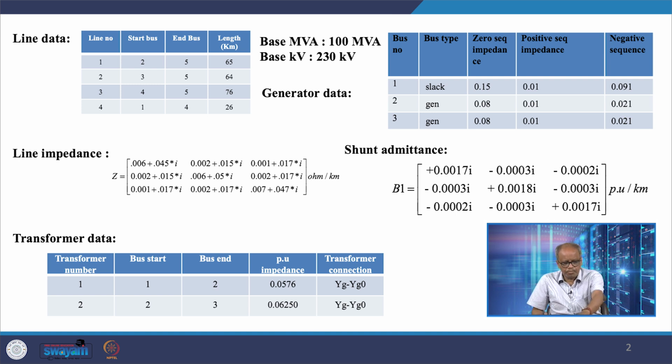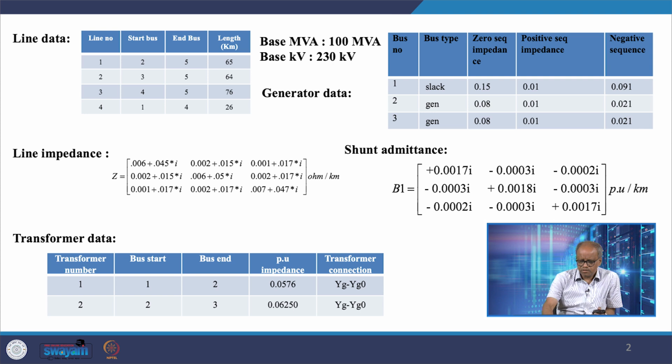And the impedance of all these lines per kilometer in ohm is given by this, and these values have been calculated by following the method we have already discussed in this course.